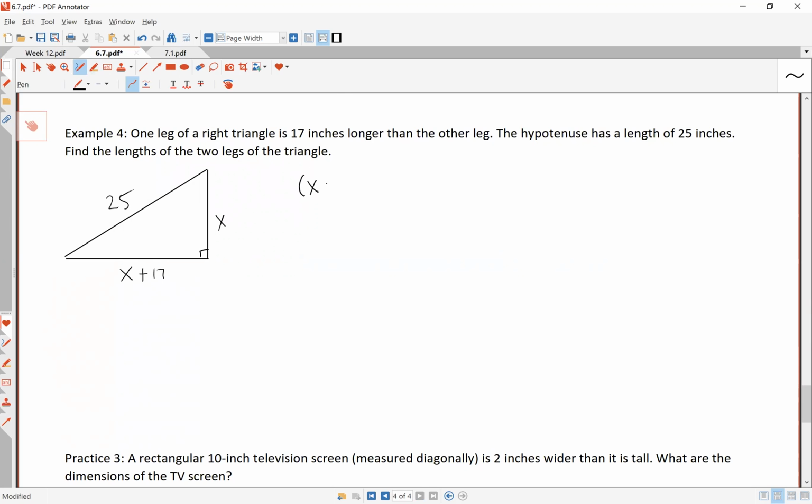So we sum the squares of the legs. x plus 17 squared plus x squared is 25 squared. If we square x plus 17, you're going to get x squared plus 17x plus 17x, which is 34x, plus 17 times 17, that's plus 289. And 25 times 25 is 625.